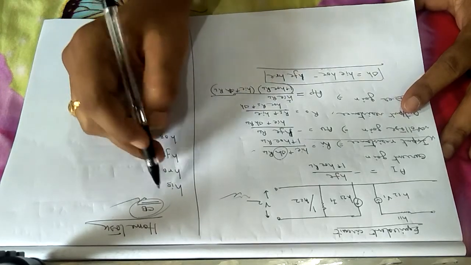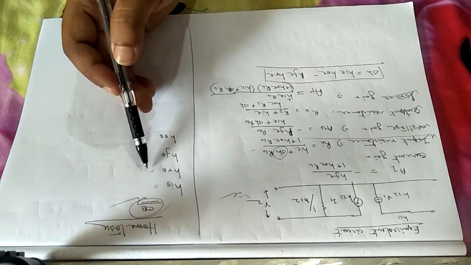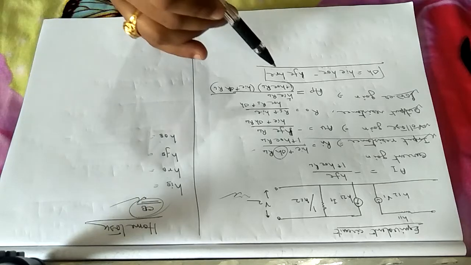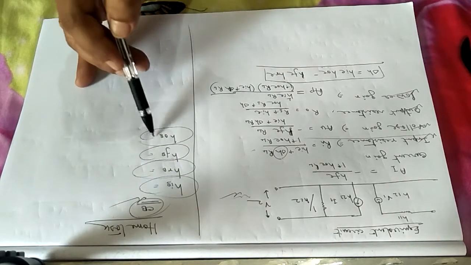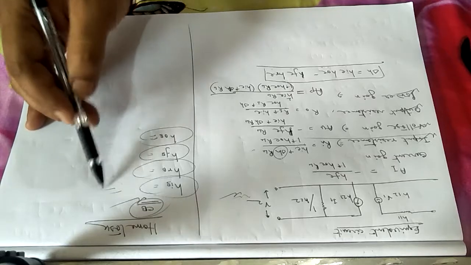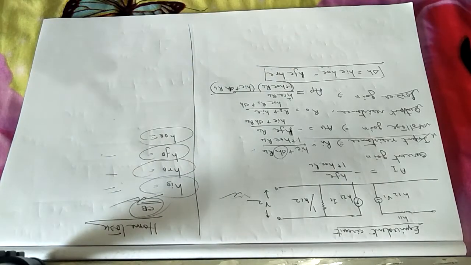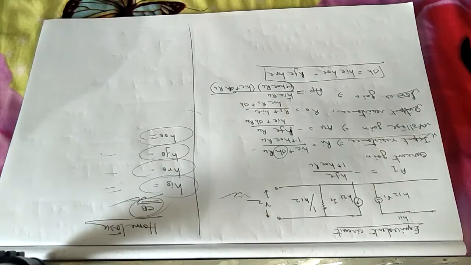These are the input impedance, reciprocal voltage gain, forward current gain and output admittance. The configuration changes, and accordingly the values will change. How the values change and what their values will be, and how you can calculate the hybrid parameters for common base configuration from the input and output diagrams, that you have to show.